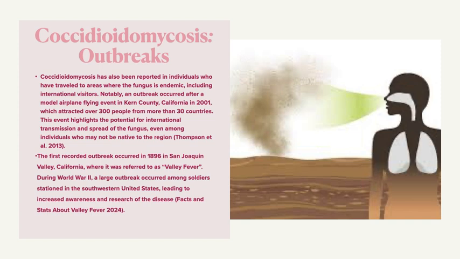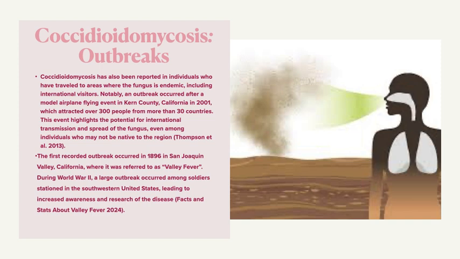Coccidioidomycosis outbreaks. Coccidioidomycosis has also been reported in individuals who have traveled to areas where the fungus is endemic, including international visitors. Notably, an outbreak occurred after a model airplane flying event in Kern County, California in 2001, which attracted over 300 people from more than 30 countries.